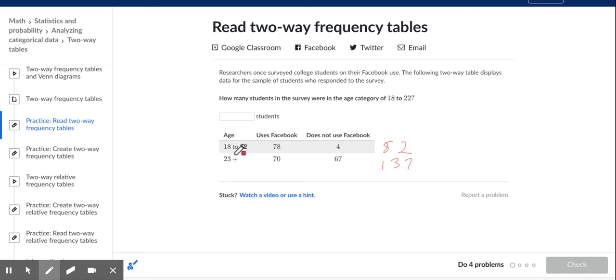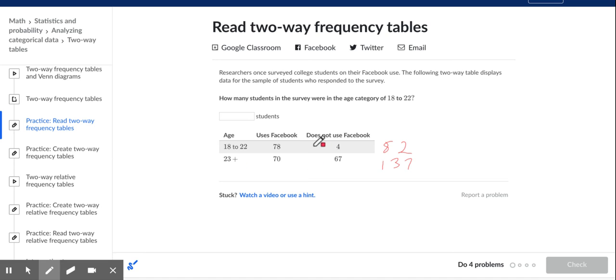You can't be both of those ages, right? You could be younger than 18. So there could be a third group of people. This was a college survey, so that would be a very rare group of people. But you could have that third group, but you can't have someone who's in both of these, is the point.